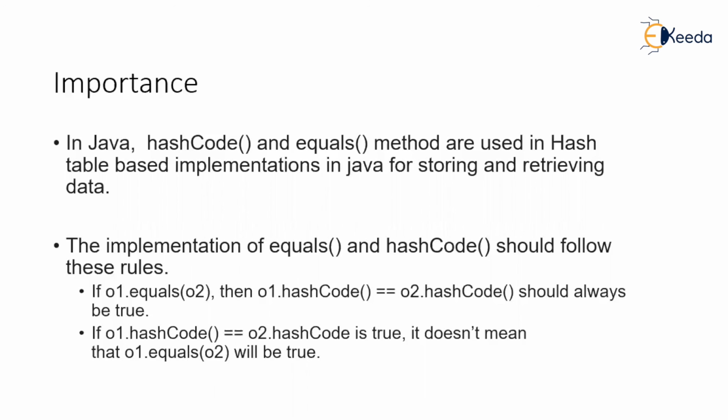If there are two objects, obj1 and obj2, and obj1.equals(obj2) is true, then the hashCode of these two objects must be the same. And if the hashcodes of both objects are the same, then both the objects are also equal. So this is the contract between the equals and hashCode methods.